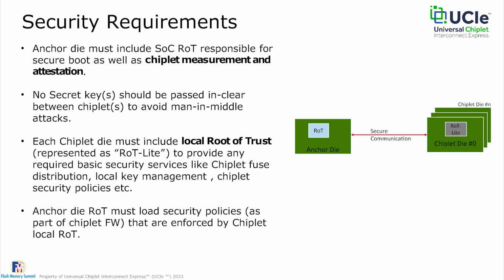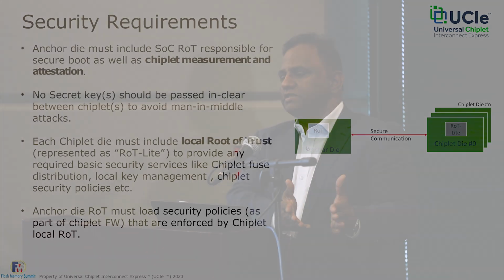Okay, and then the anchor die certainly has a root of trust, but you also have to have some form of a root of trust on the chiplet as well, right? Like for example, today the switch is not part of the root of trust domain. We do an end-to-end encryption between the host and the device. PCIe does it, call it Stream IDE. But here, I think it's going to be important that we bring all the chiplets into the root of trust, right?